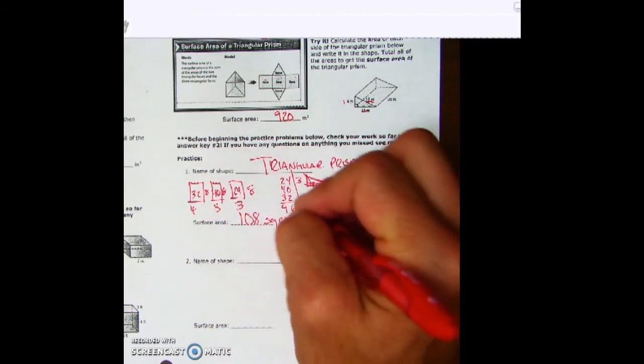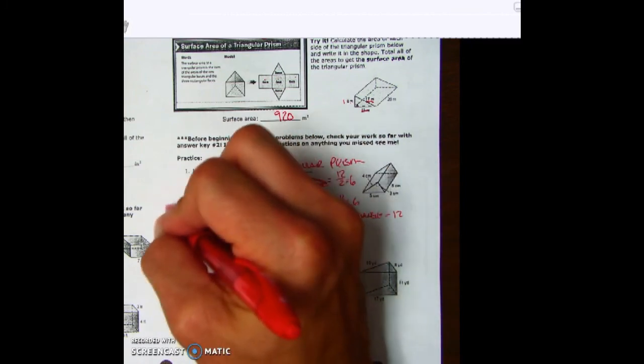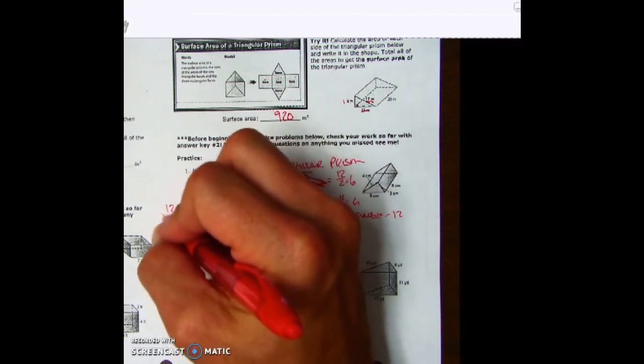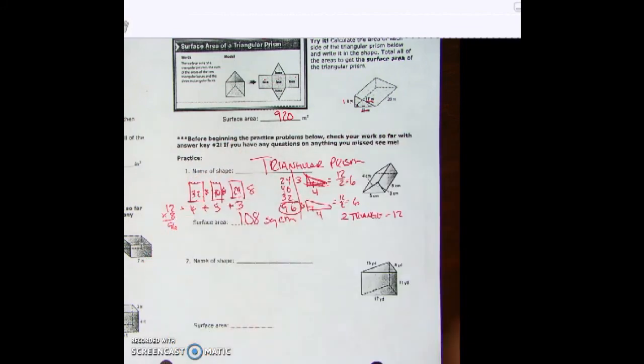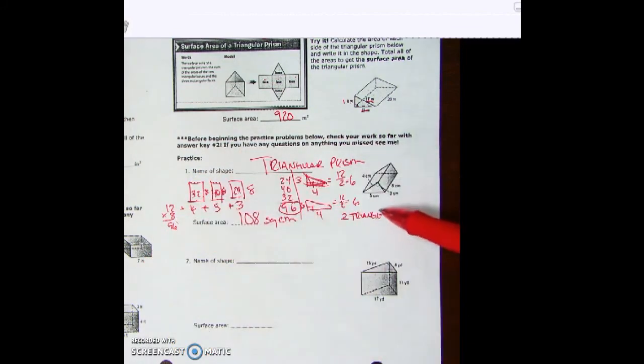So if you add all that up, it's 96. Now I'll show you a cheat. You can hack this a little bit. If you add up all these, you get 12, right? And 12 times 8 is, guess what? 96. Once we had our 96, we added it to the area of our two triangles, and we got 12, and that made it 108.